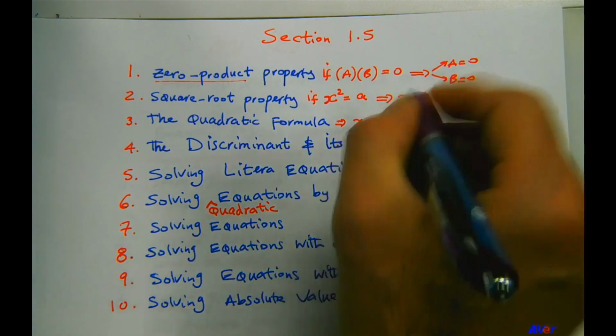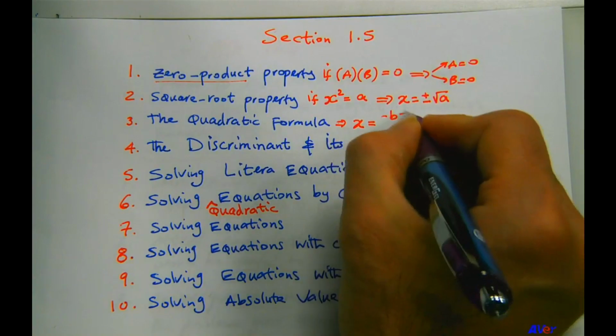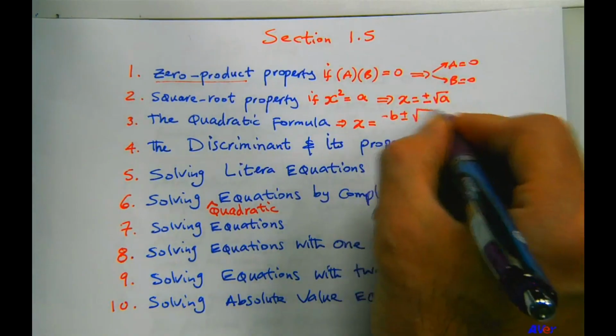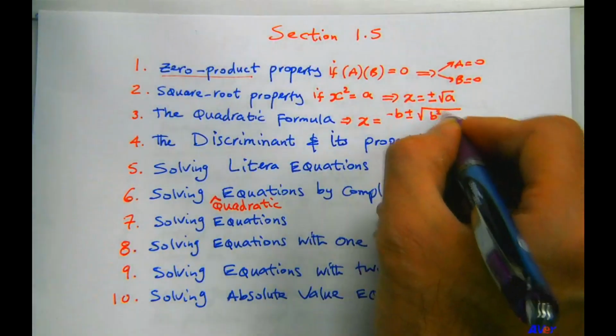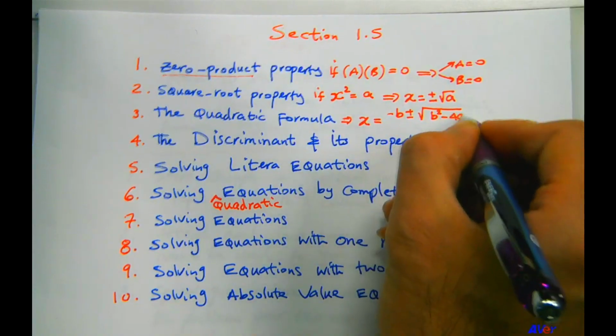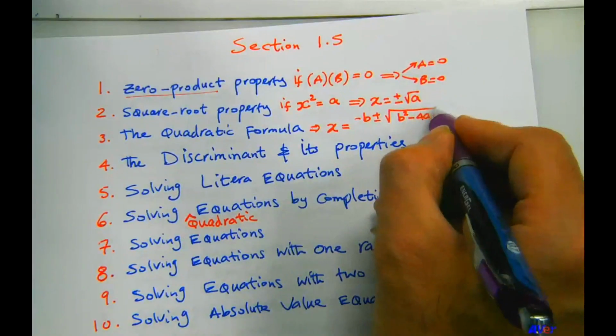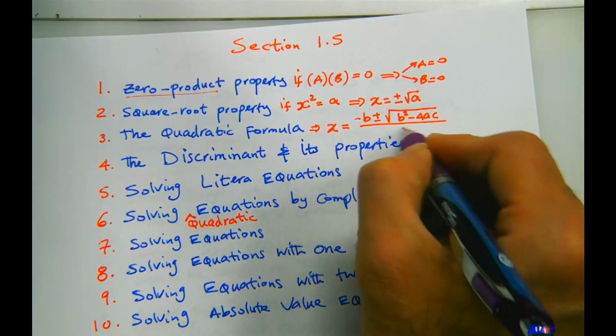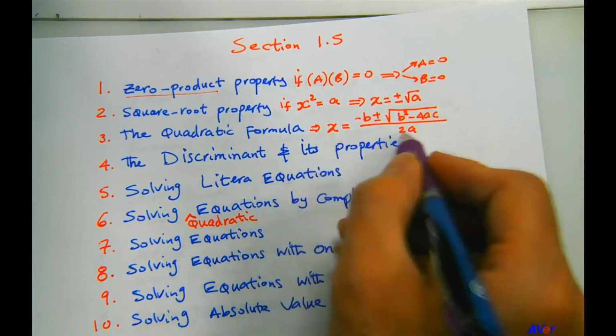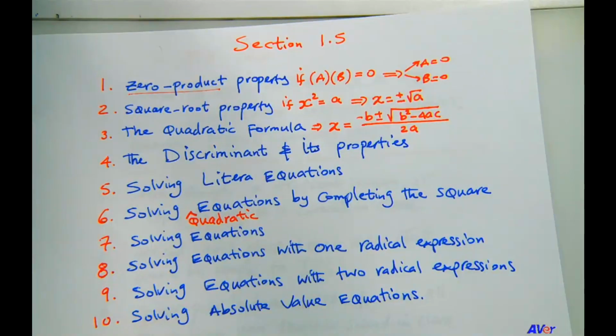And the quadratic formula is as follows. I know you've seen this before, so this will be a reminder or a review. B squared minus 4ac over 2a. We'll use this formula to solve for x when the quadratic equation cannot be factored.